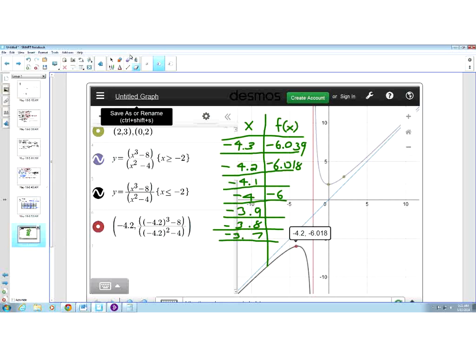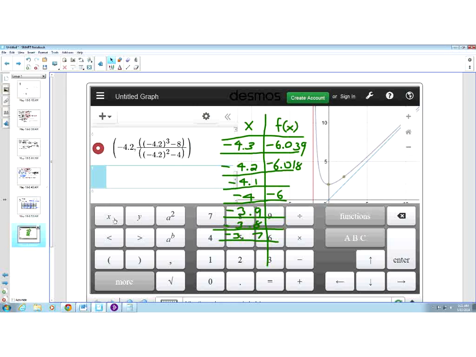Okay, so let's try. So we want the function output at negative 4.1. So negative 4.1, negative 4.1, negative 4.1 cubed minus 8 divided by negative 4.1 squared minus 4.